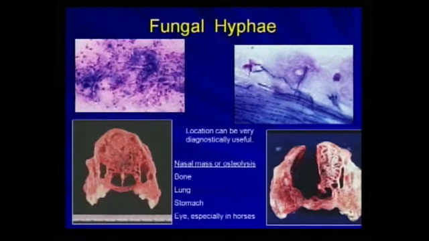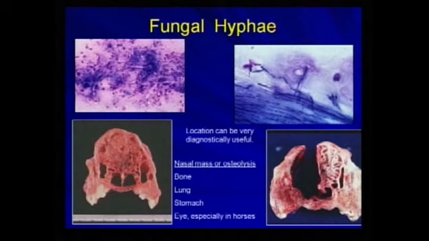The location of the aspirate or the impression smear is often very helpful in the diagnosis of fungal infections. Areas that are well aerated, including the nasal passages, especially if there is osteolysis, this may be the result of fungal infection.